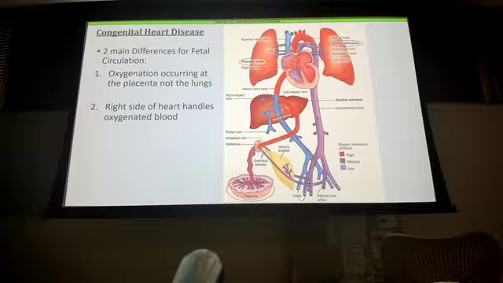But the location of it is in a perfect position that as that jet stream of blood coming back from the inferior vena cava that is now better oxygenated than what's coming down from the superior vena cava, it actually is directed straight at that one-way flapper valve. So the majority of blood that goes from the right to the left through that foramen ovale is actually oxygenated blood. There's very little deoxygenated blood going through that valve.